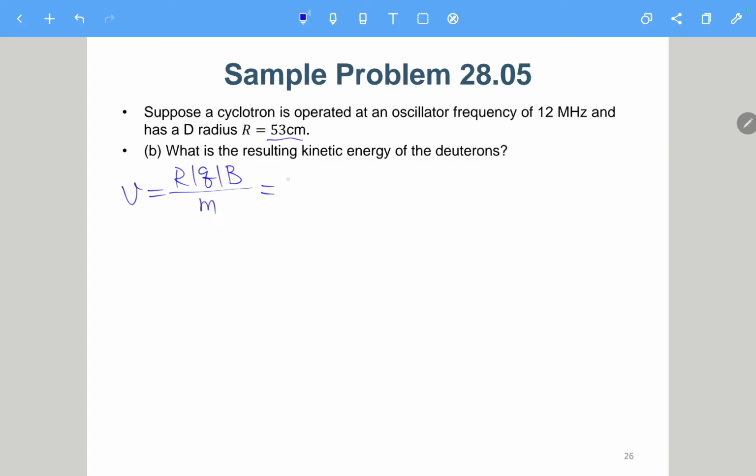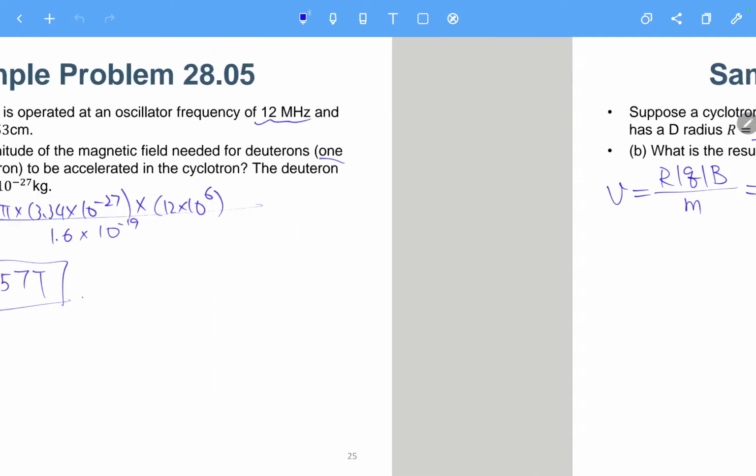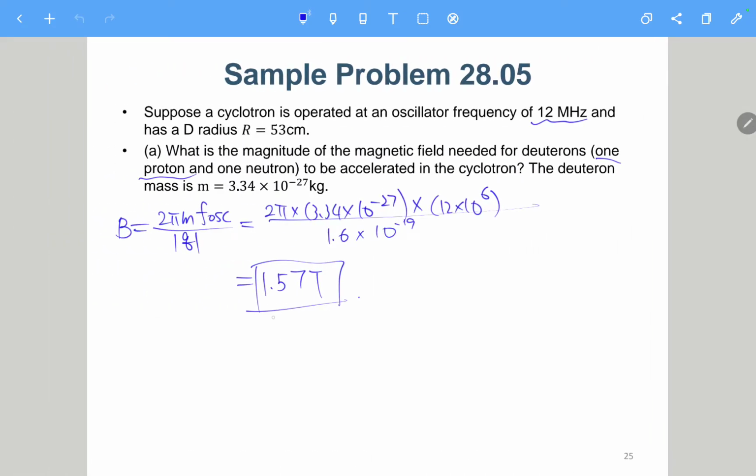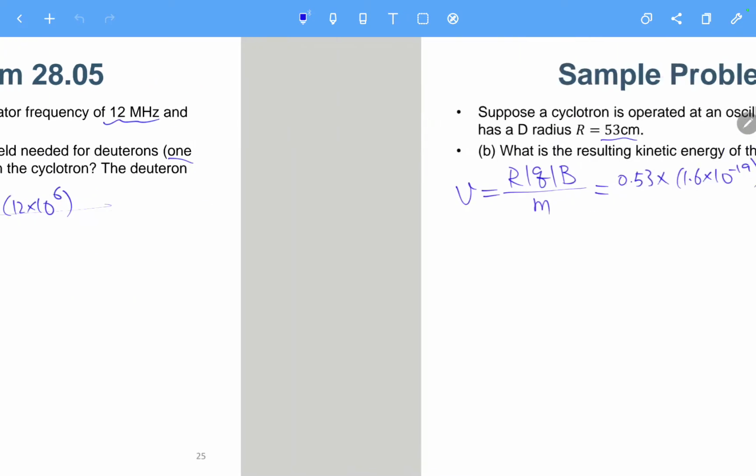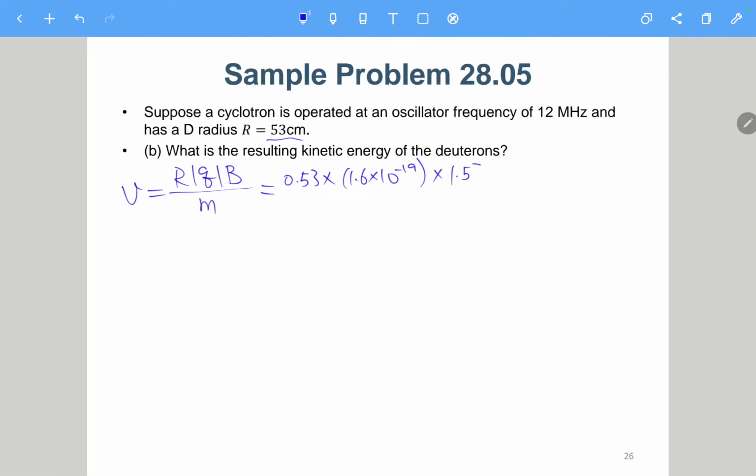The R is 0.35, and then times Q, which is still 1.6 times 10 to minus 19, and then times B, which is 1.57, all over 3.34 times 10 to minus 27.